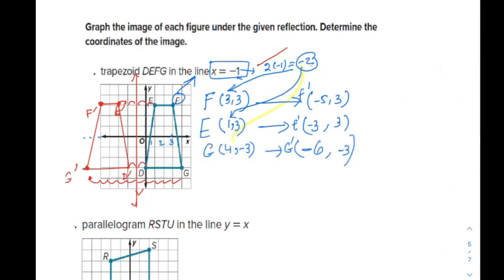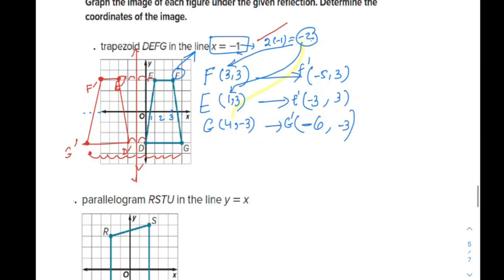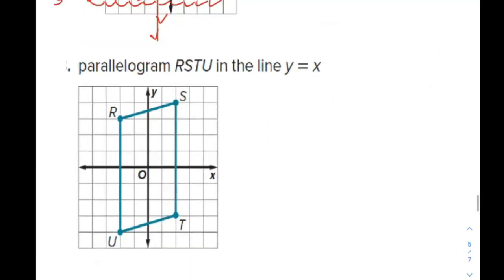If you don't want to use the rule, we have done it without the rule. For y equals x, as I told you, I prefer to use the rule. I will find out the coordinates of each point. S is at 2 and 1, 2, 3, 4. S prime will be just interchanging.